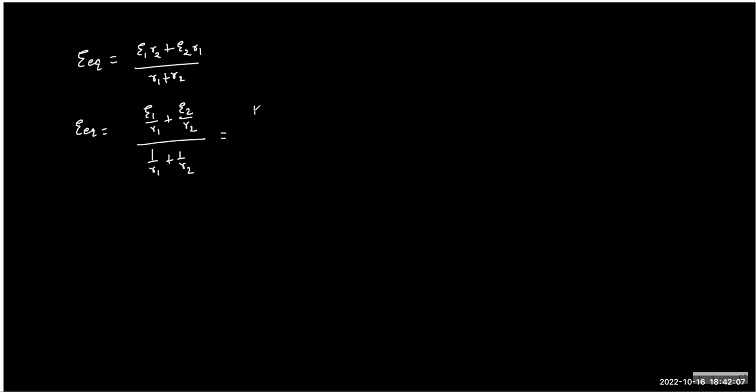You can leave this here only. And the equivalent internal resistance of the combination of cells we can directly write as follows. And now if you want, you can write 1 by R equivalent as the sum.